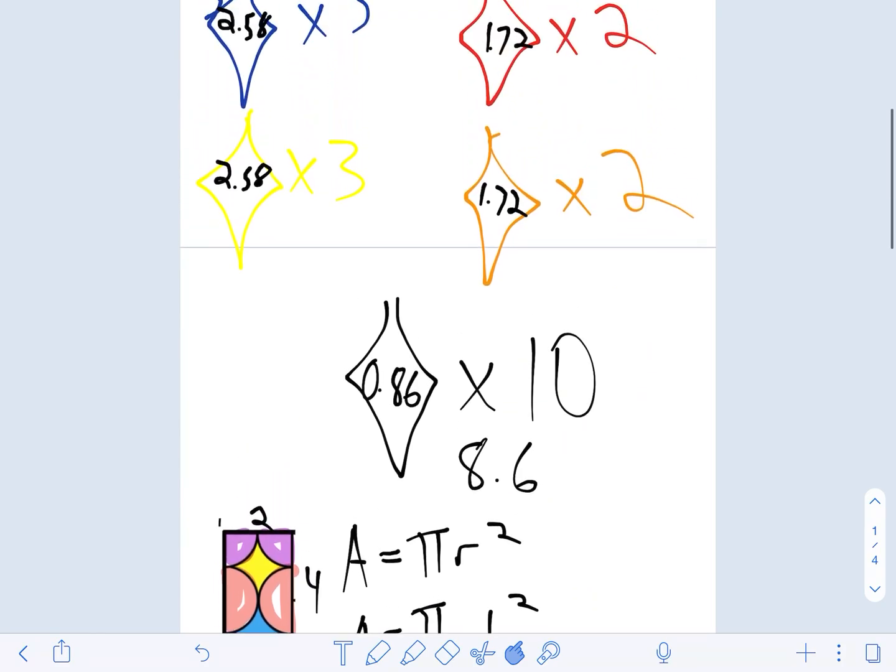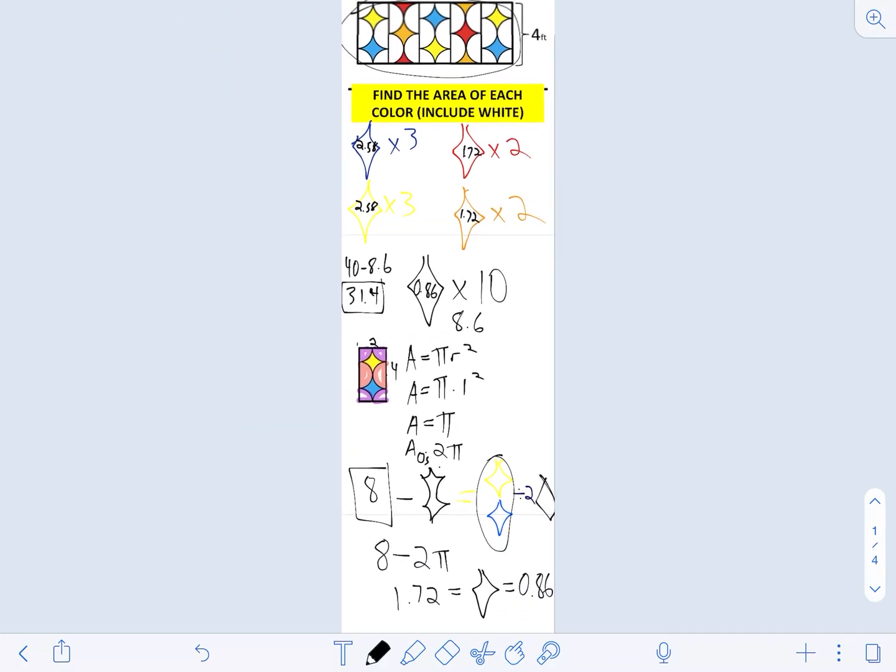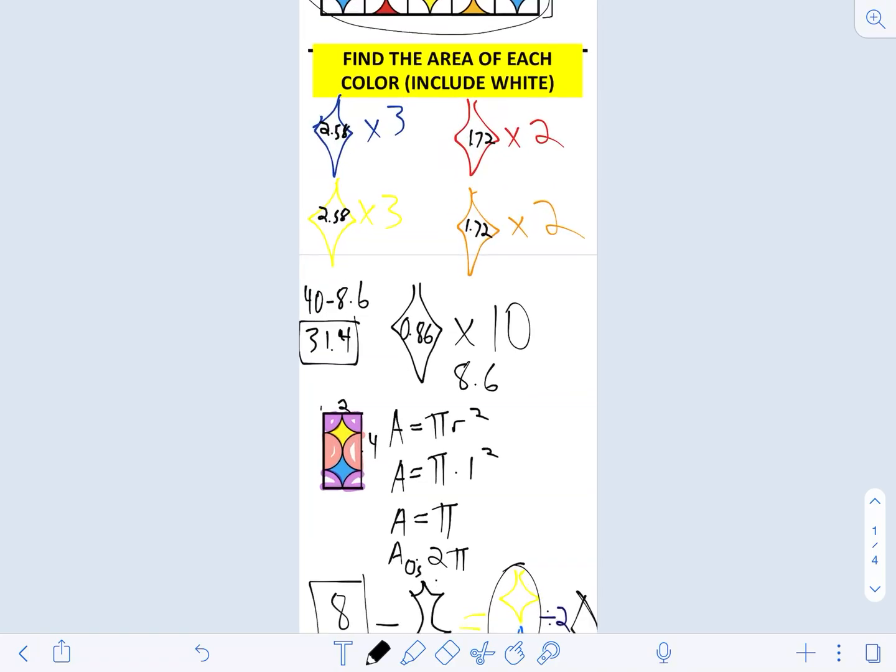So, 40 minus 8.6 gives me 31.4. And that is all the white pieces. See, it looked hard. It wasn't horrible.